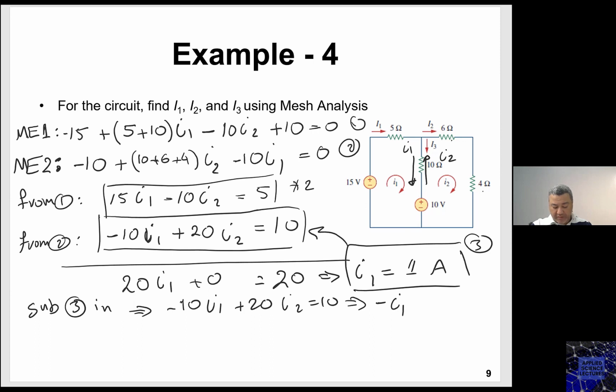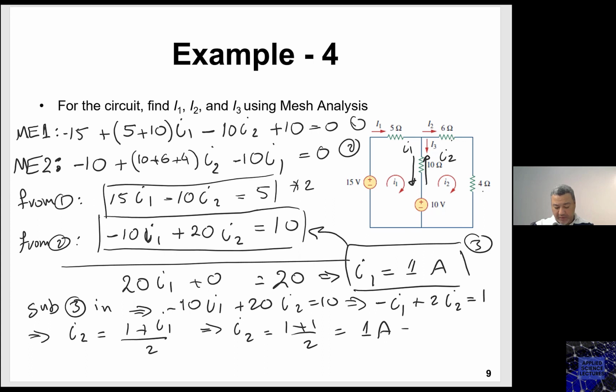Minus I1 plus 2 I2 equals 1. Rearrange I2: I2 is 1 plus I1 divided by 2. So I2 is 1 plus 1 divided by 2, which is also 1 ampere. So I2 is 1 ampere as well.